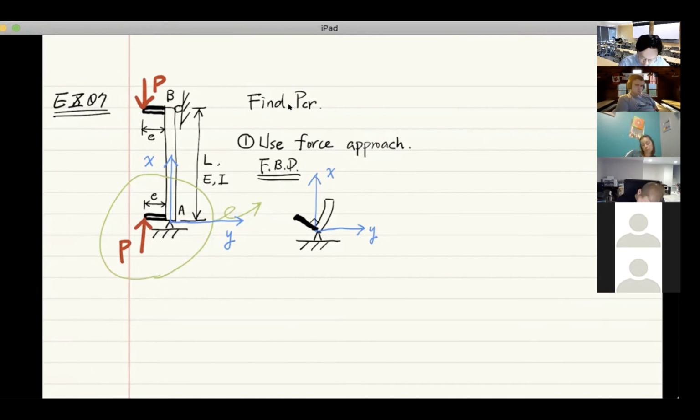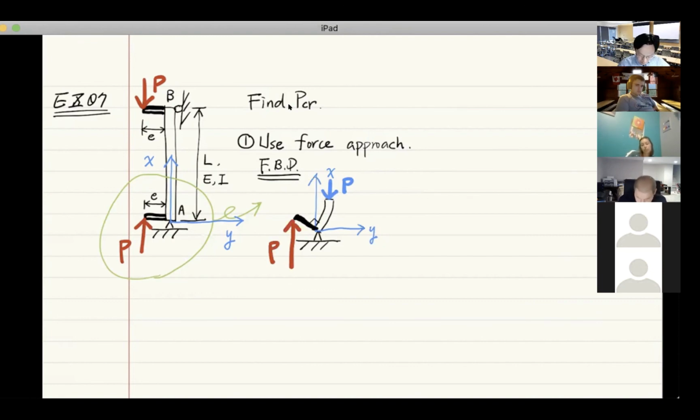And the force, of course, we're going to have the force P here, and the internal action is going to be like this. There's another P, right? One is action, the other is reaction.